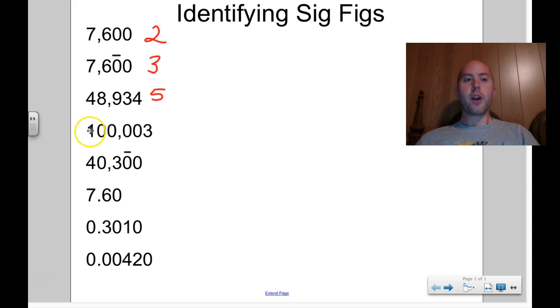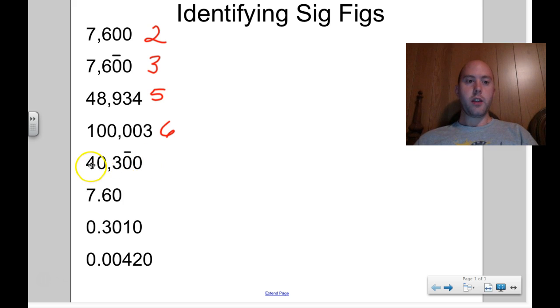But these 4 zeros are in between two sig figs, which means they are also sig figs. So in this one, there are 1, 2, 3, 4, 5, 6 sig figs. You have 2 non-zeros and then 4 zeros that are in between sig figs.